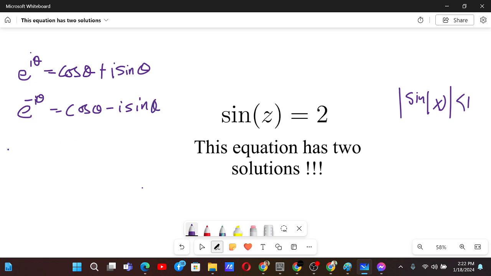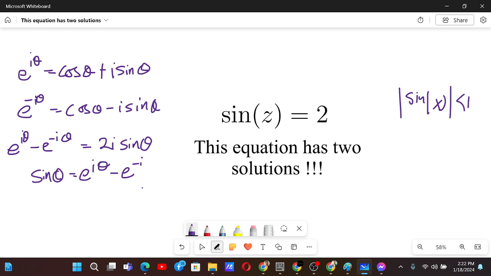So that gives us e to the power i theta minus e to the power minus i theta is 2i times sin theta. And this leads us to the complex formula for sin theta: e to the power i theta minus e to the power minus i theta, by 2i. So this is our new definition of sin theta for complex numbers.